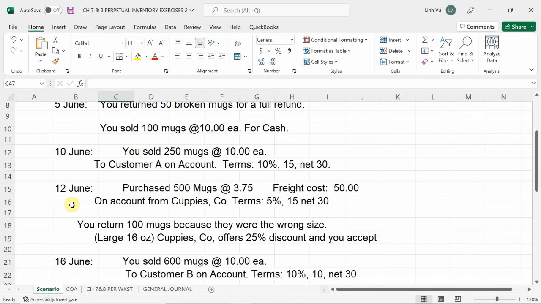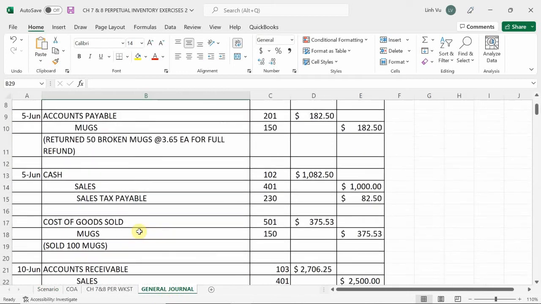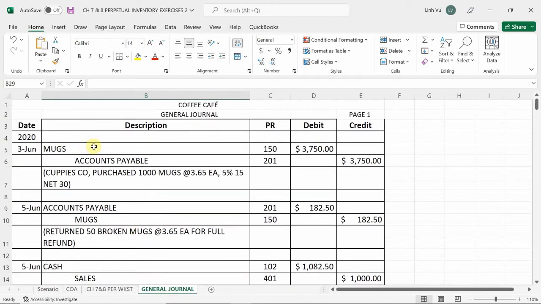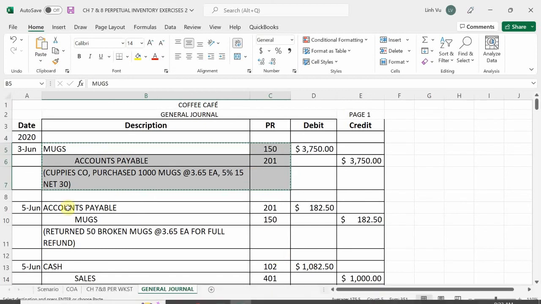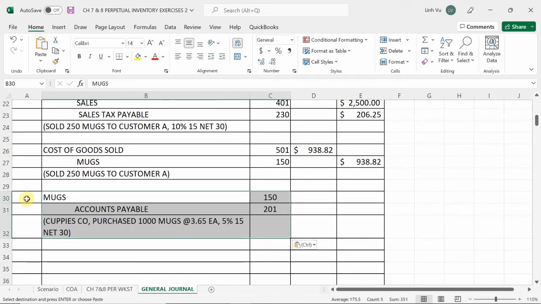On account. So I got 500 mugs at $3.75 plus a freight of $50. So I purchased mugs and I placed it on an account on June 12th.